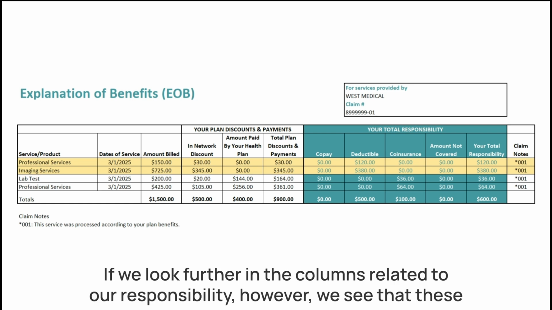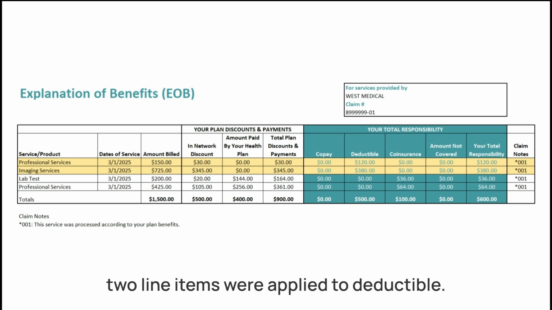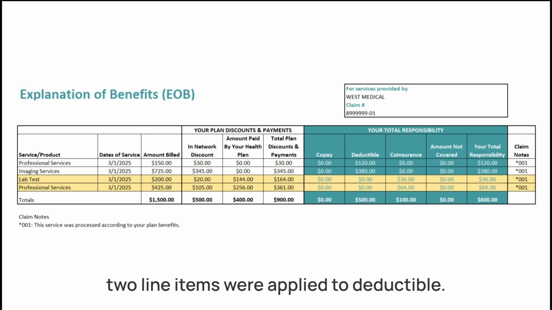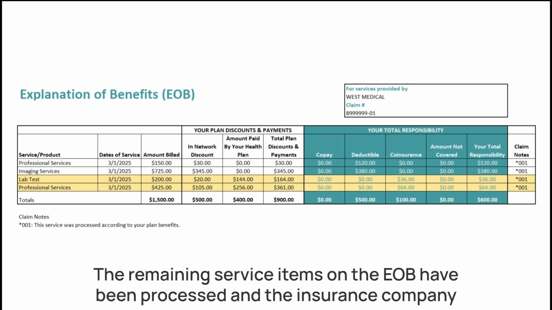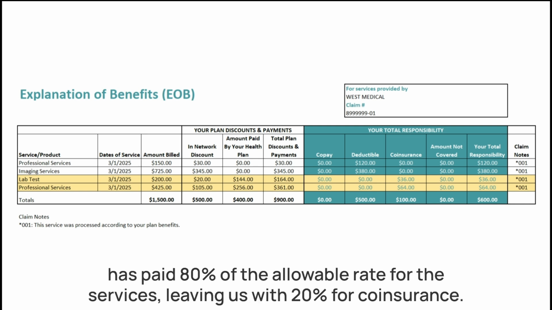If we look further in the columns related to our responsibility, however, we see that these two line items were applied to deductible. The remaining service items on the EOB have been processed and the insurance company has paid 80% of the allowable rate for the services, leaving us with 20% for coinsurance.